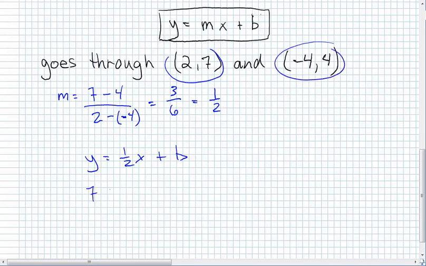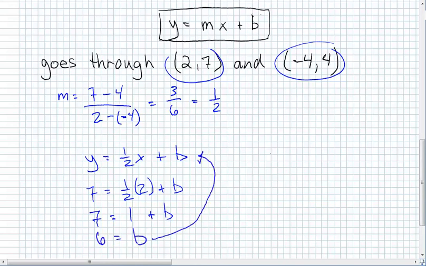So y is equal to 7. 1/2 times 2 is 1 plus b. In other words, 7 is equal to 1 plus b, so subtract 1 from both sides, 6 is equal to b. So I can put that right there. y is equal to 1/2 x plus 6.